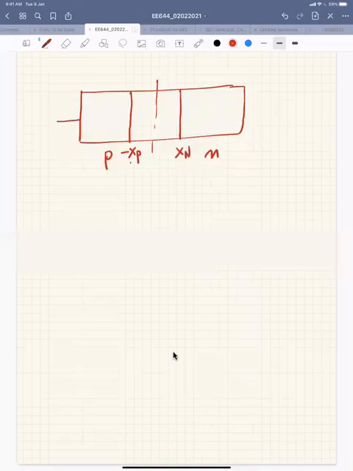So what I've done now is I forward bias this junction. Forward bias means n is at ground and we apply some voltage here. Let's say this is your applied voltage, right?